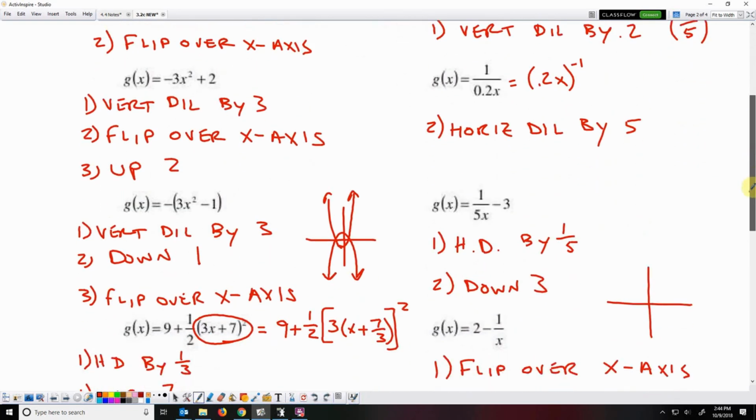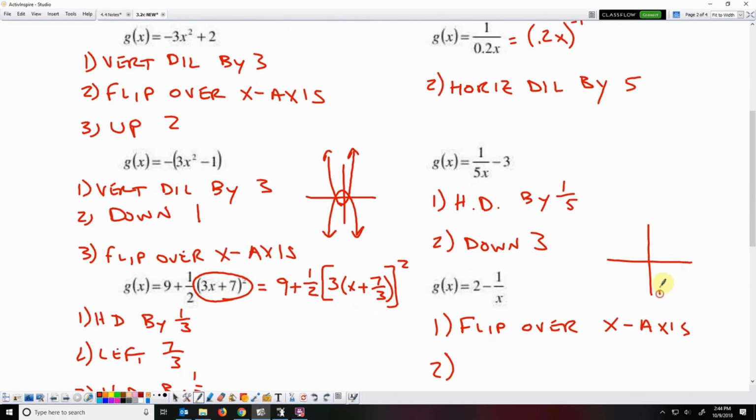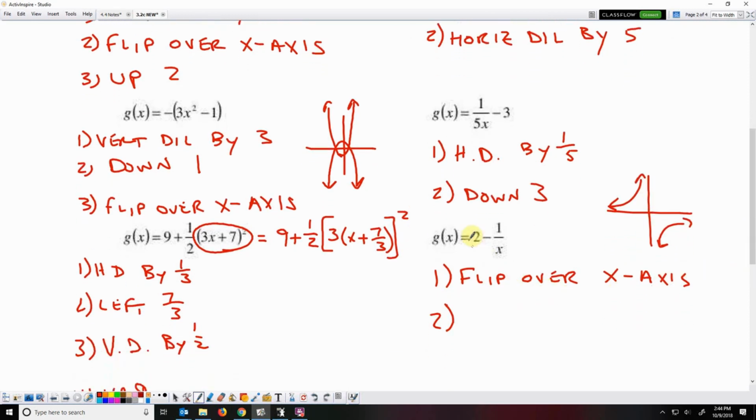When it flips over the x-axis, what was up here moves down here. What was down here moves up here. And then it's got a positive 2 here, which means it's going to shift up 2. So it's going to look like this. Okay, so these won't be there anymore.